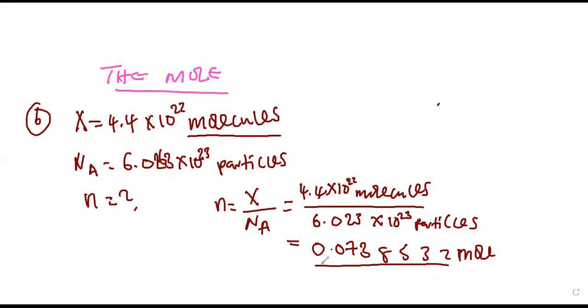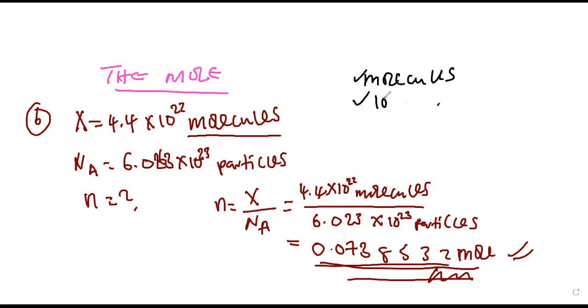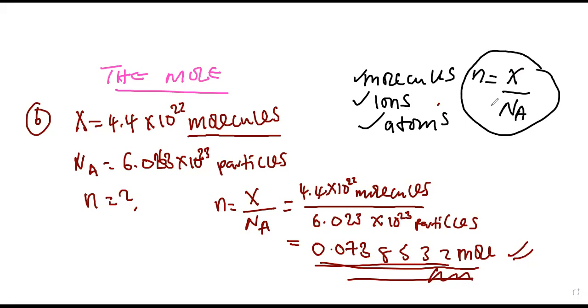so this was our final answer. So just remember that whenever you have been given the number of molecules, the number of ions, the number of atoms, you are going to use n is equal to x over Na, this formula, where this is the number of moles and that is the number of particles, which is this.